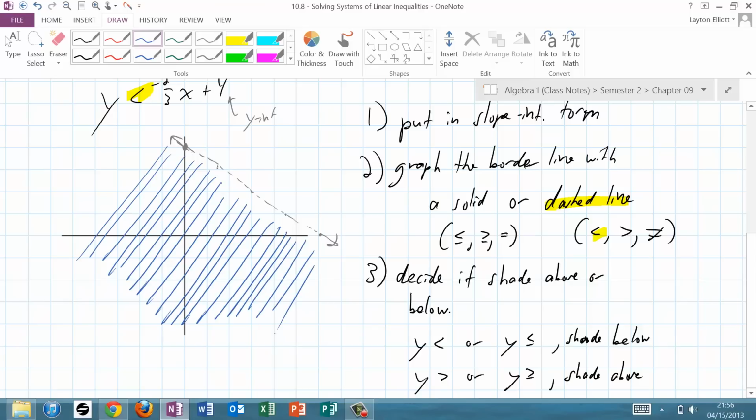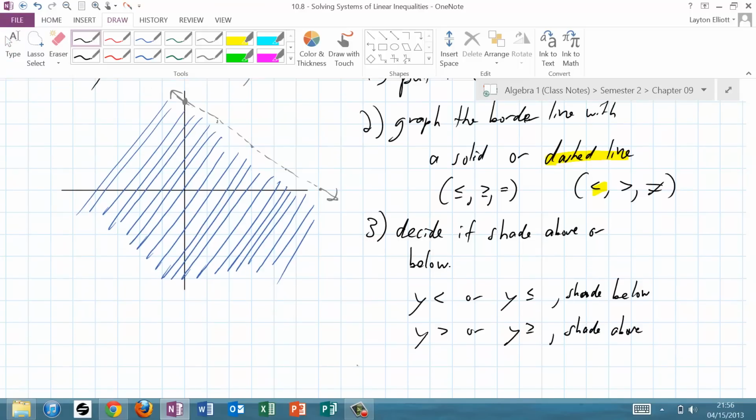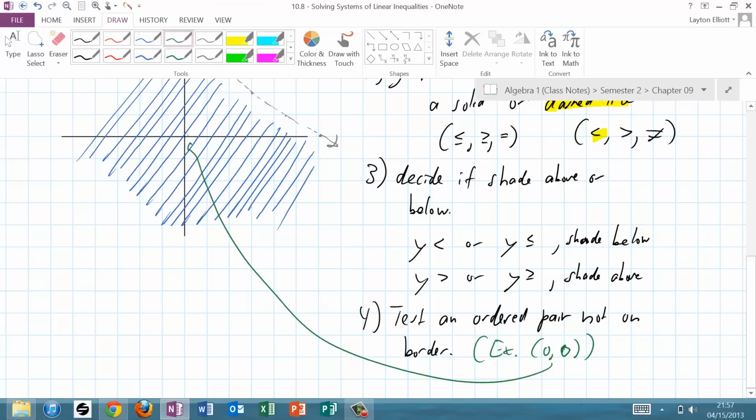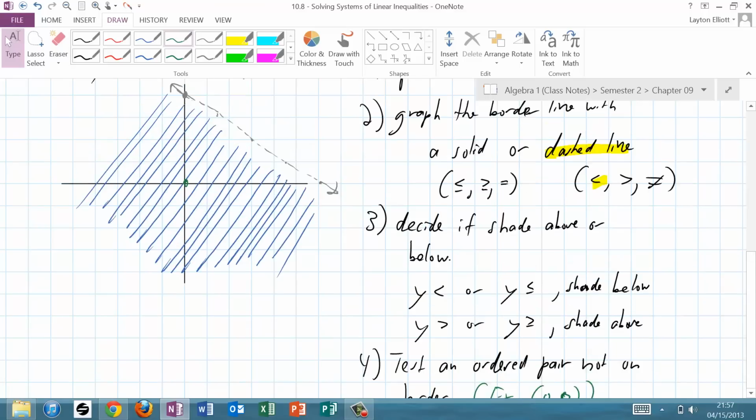And that's it, except let's do a step 4, which is test an ordered pair that is not on the border. So let's pick an easy ordered pair to test. For example, let's test 0, 0, which only works if 0, 0 is not on the borderline, and in fact here it's not. So I'm going to pick that point, and plug it back into the original.